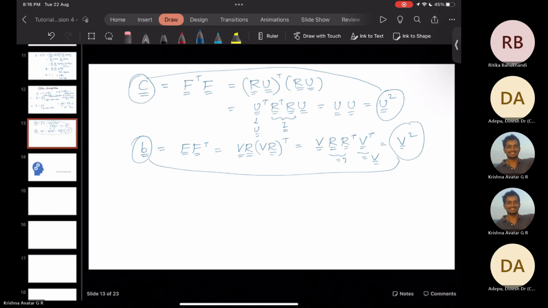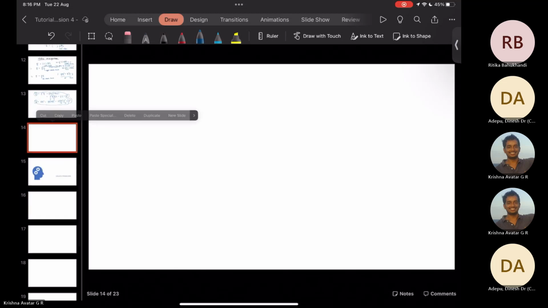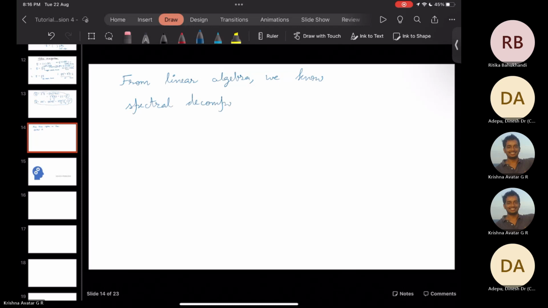Now let's use some ideas from linear algebra. I'll start from a new page. From linear algebra, we know something called the spectral decomposition theorem.